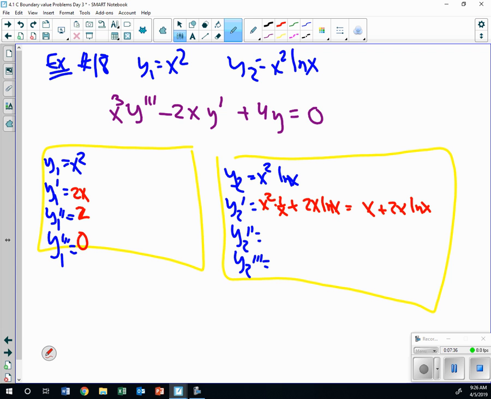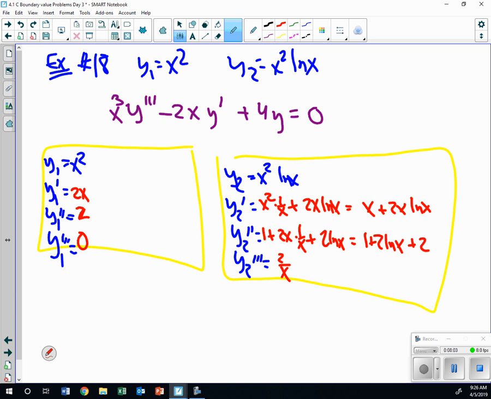And this derivative will be 1 plus 2x times 1 over x plus 2 ln of x, which is 1 plus 2 ln of x plus 2, right? X's cancel. So the third derivative is just going to be 2 over x. Does that look about right? Is that what you guys got?